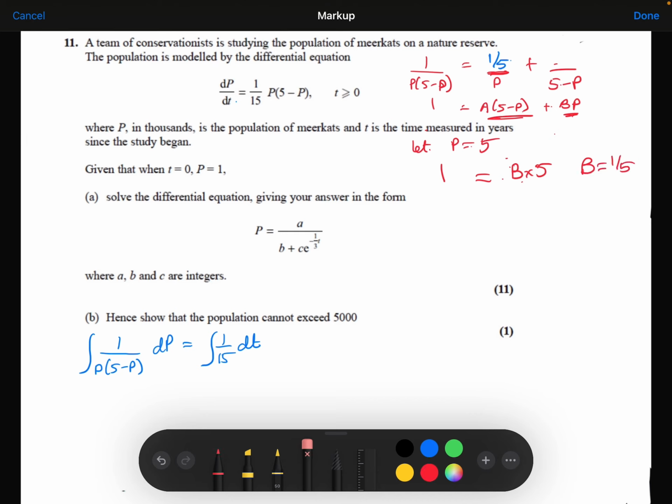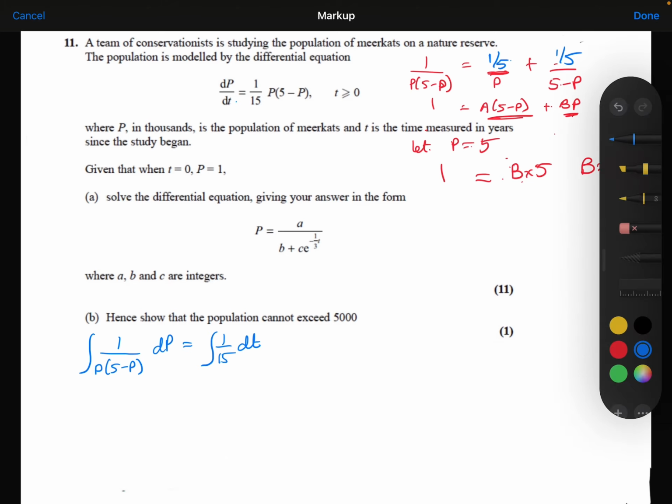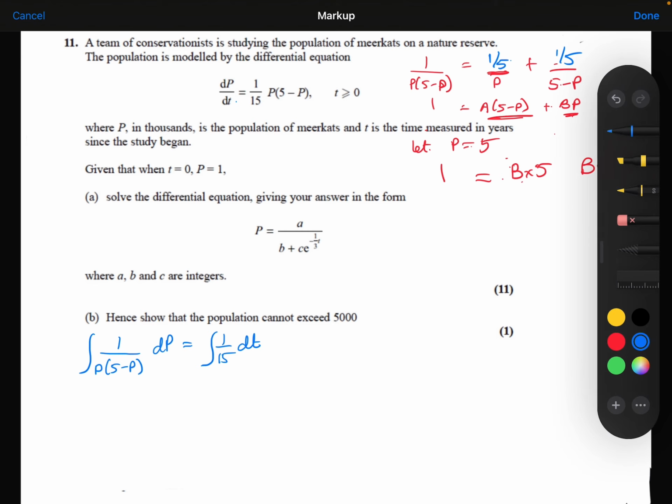So we now know what a and b are. Right, so this is going to allow me to take my differential equation and replace the 1 over p times 5 minus p with the 1/5 over p plus 1/5 over 5 minus p dp.